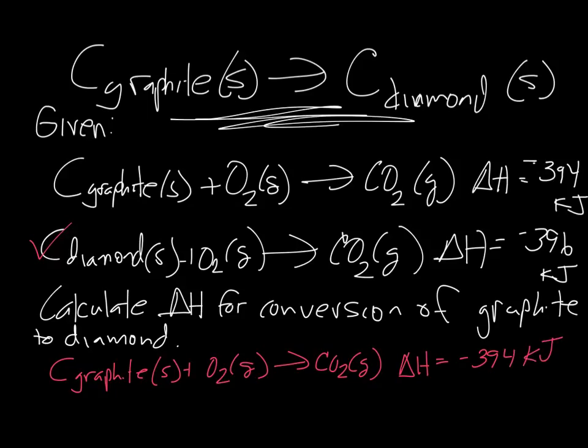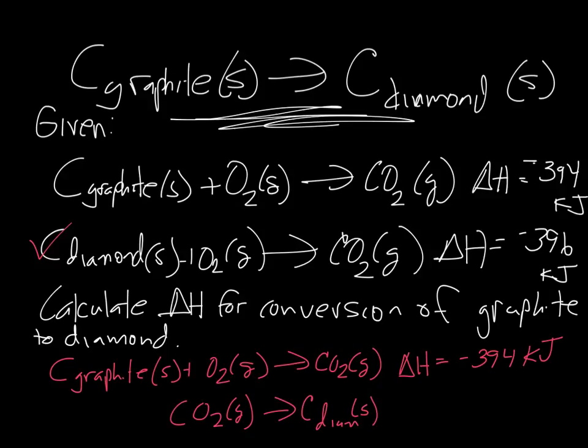Now the second one's the one that I have flipped. So I end up getting CO2, which is a gas, and that gives me C diamond. I'm just going to put it like that because I'm running out of room.